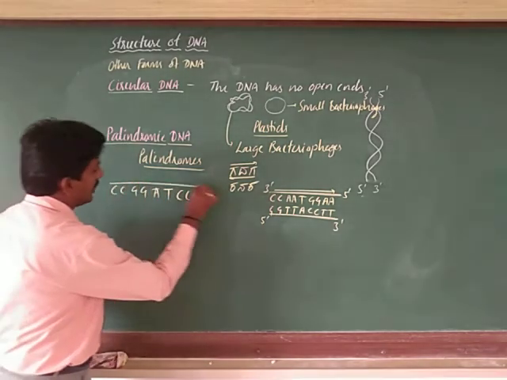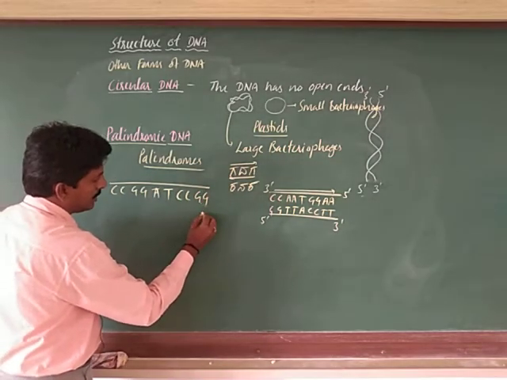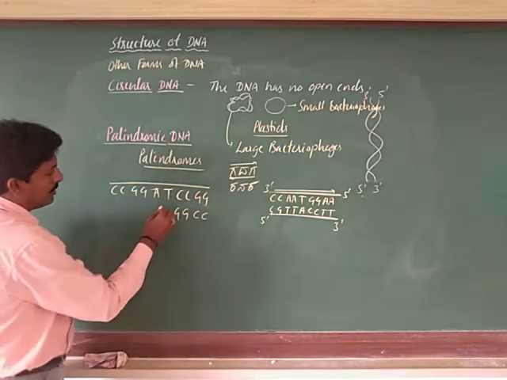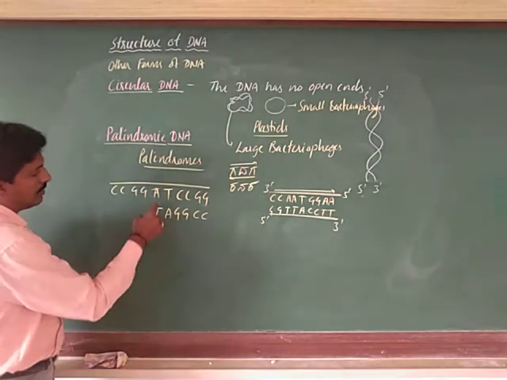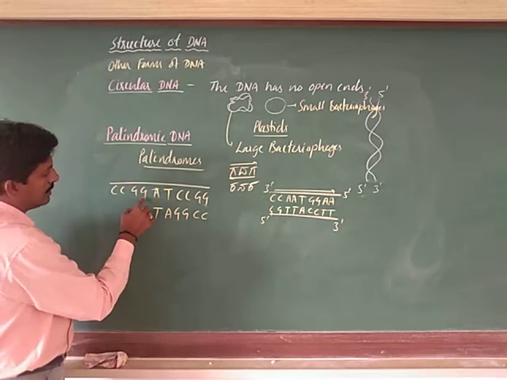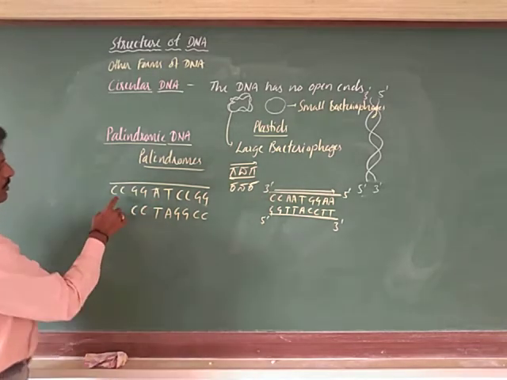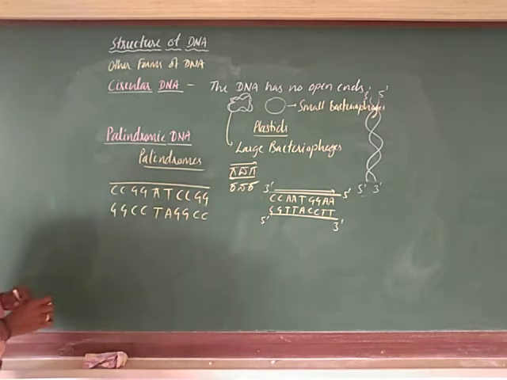So, this is one strand here, and another strand also you can predict: G here, CC, GG, next here A is there, here T will be there, okay, GG, CC, and here for this one CC is there, and you can write GG. Okay.